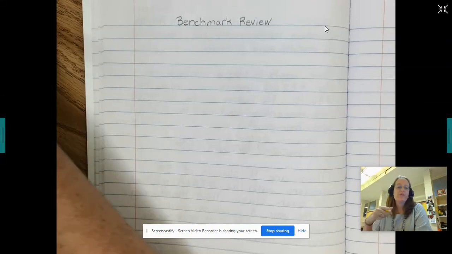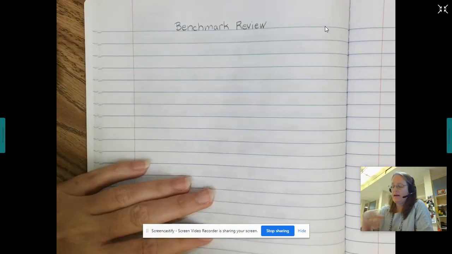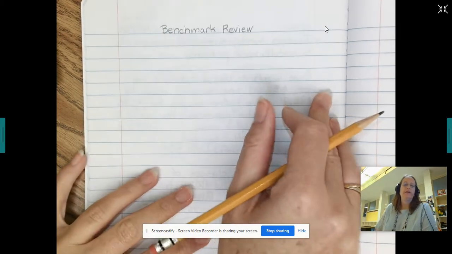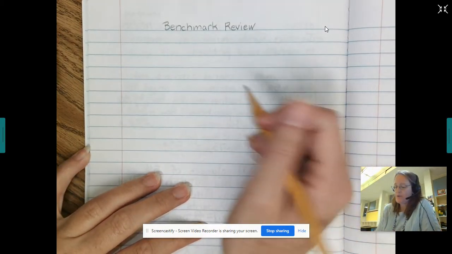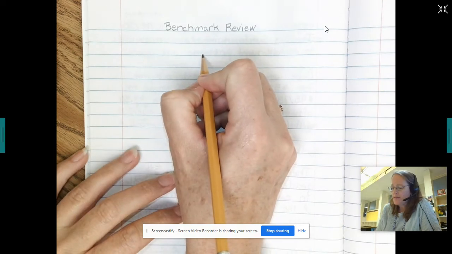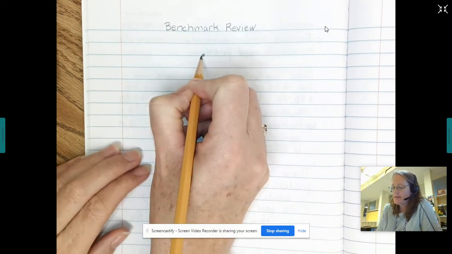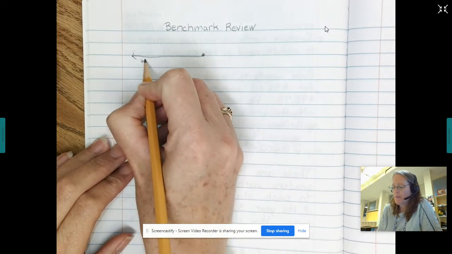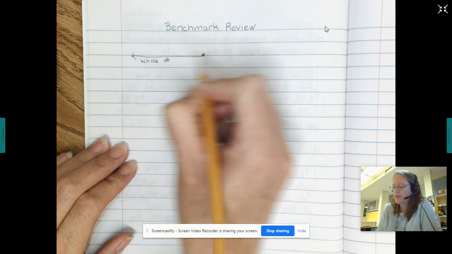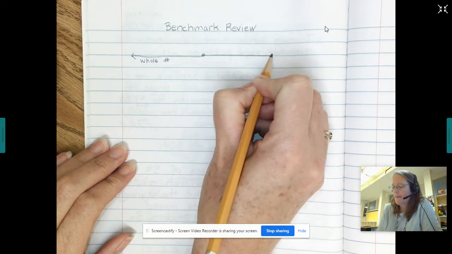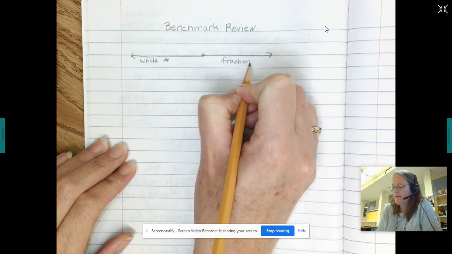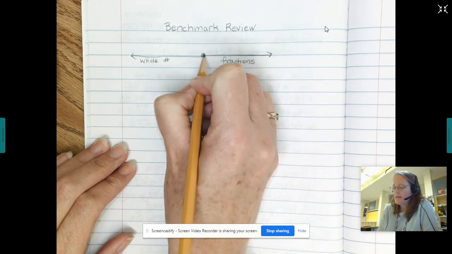So let's go ahead and take a look at reading and writing numbers, reading and writing decimals. First thing we need to know, guys, is that the decimal separates whole numbers from fractions. Okay, there's my decimal.